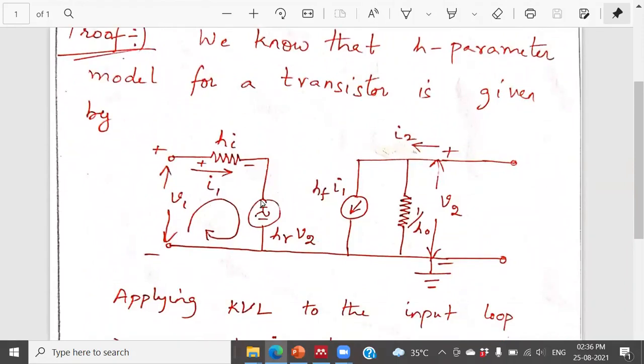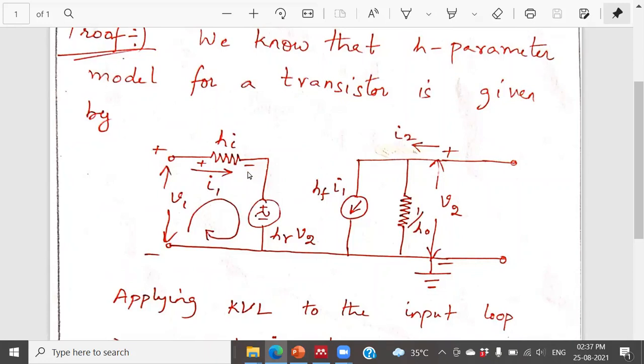We know very well that the H parameter model of a transistor consists of four H parameters: Hi, Hr, Hf, and H naught.